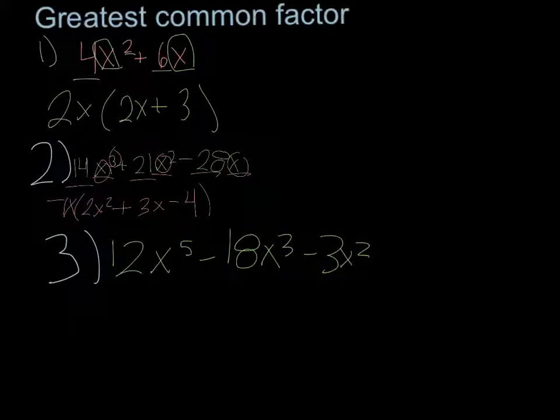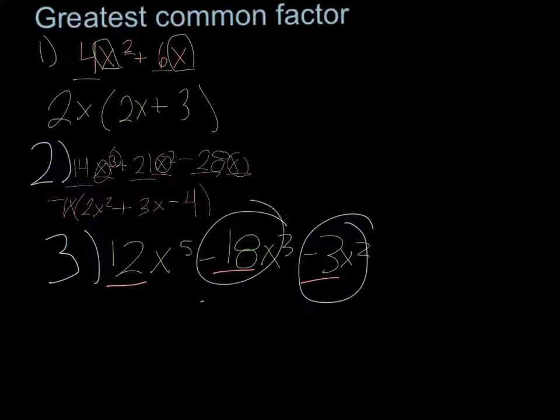Okay, so what can you take out of 12, 18, and 3? If you have a small number like this, that usually means what you can take out of the equation. And if you take out that, it'll just be replaced by a 1. So let's take out a 3x squared.